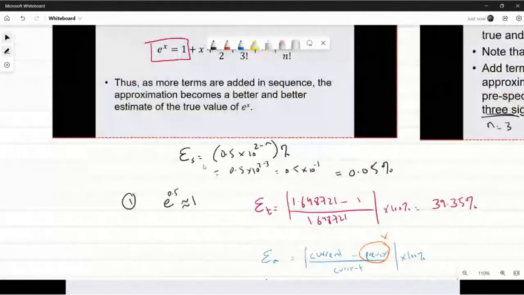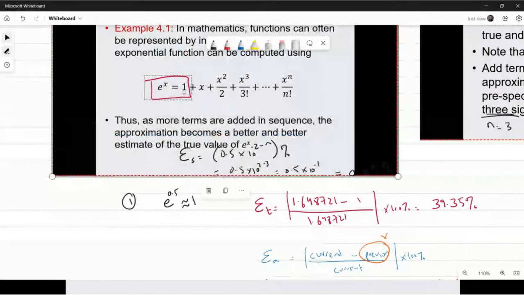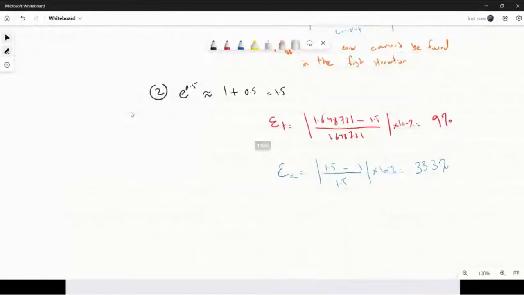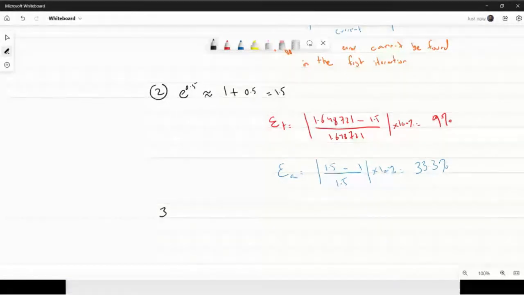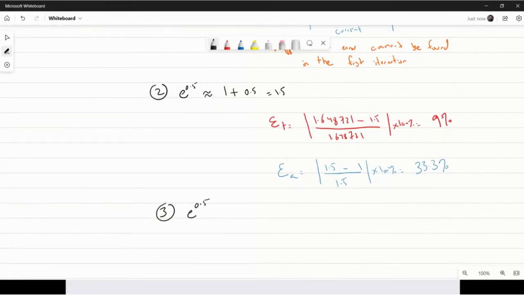Now for the next term, we add one more term. So 1 plus x plus x square over 2.